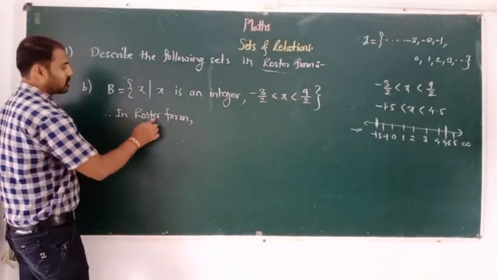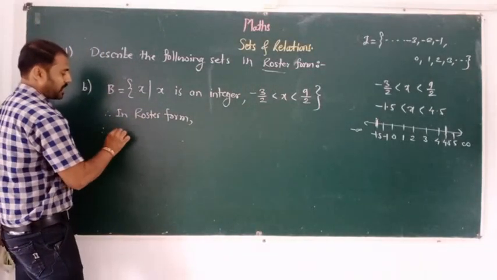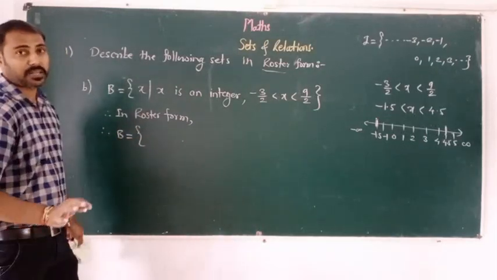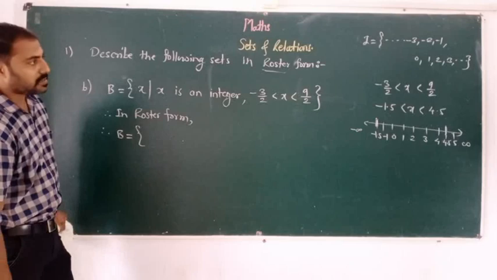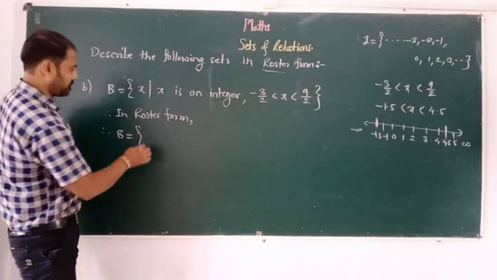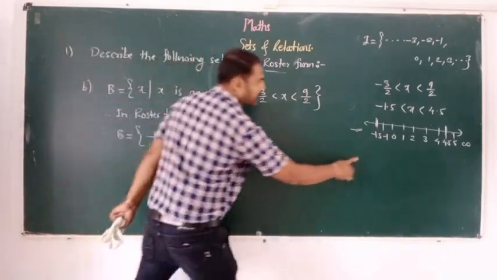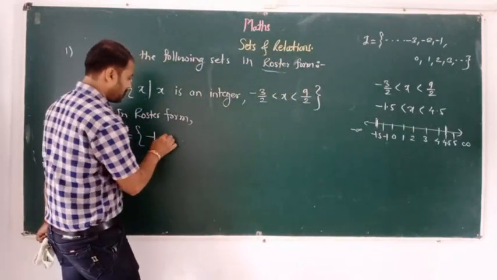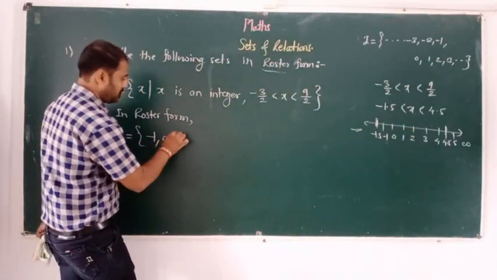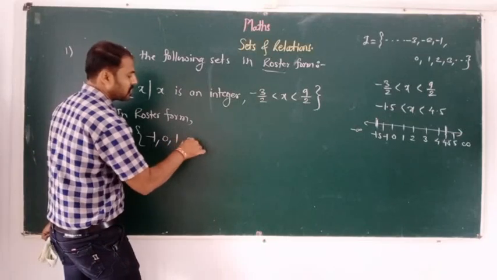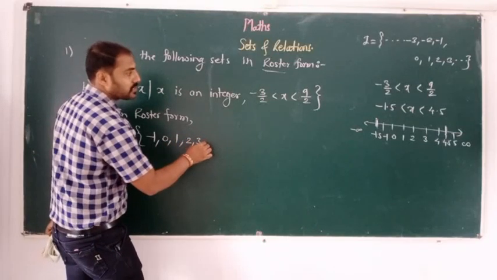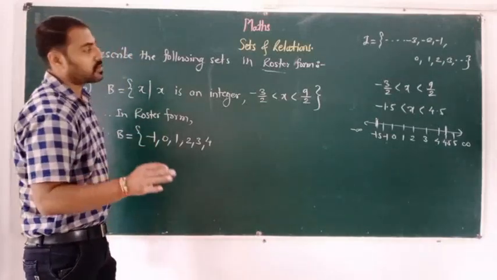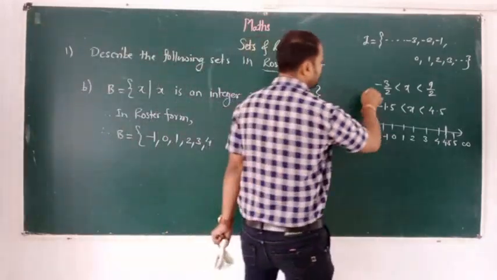So in roster form, the set B can be written as follows. Minus 1 is there in between these two numbers, 0 is also there, 1 is also there, 2 is also there, 3 is also there, 4 is also there. 5 is not included in this interval.